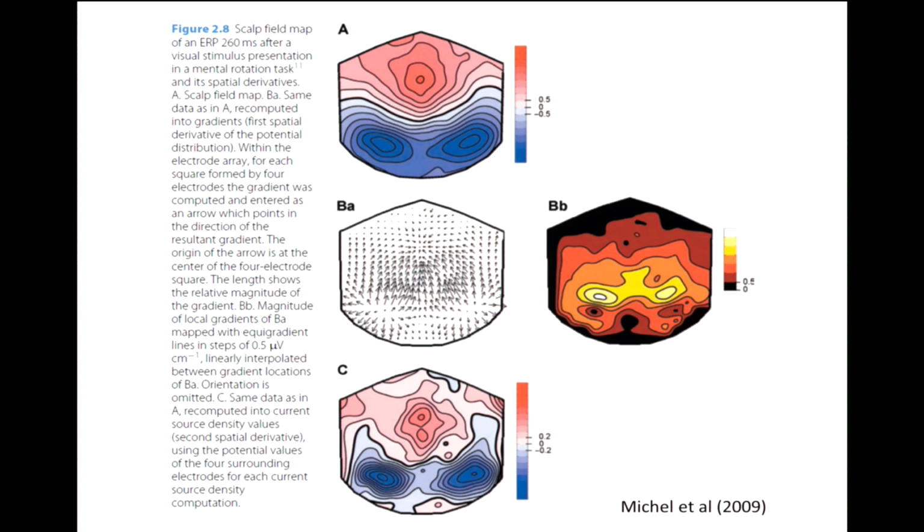So by definition, current source density de-emphasizes any long range activities and emphasizes very local activities, which are at the surface level. It has a lot of interesting properties as well. Essentially, it is reference free, because each electrode has its own reference there.